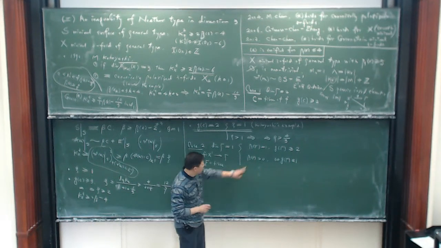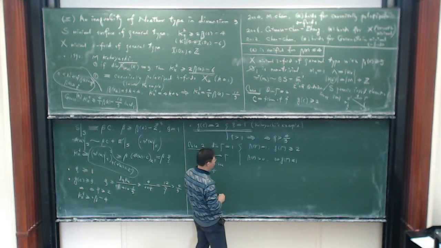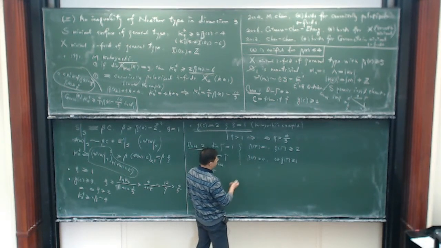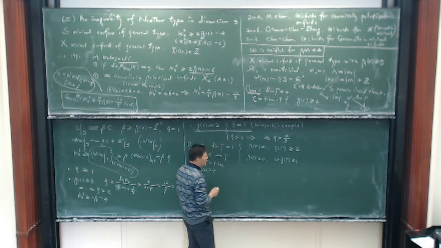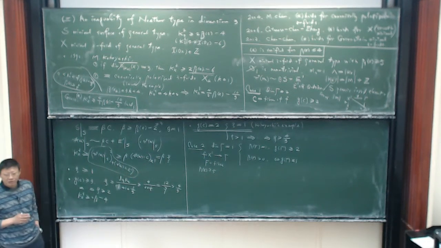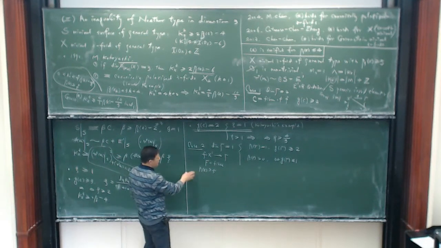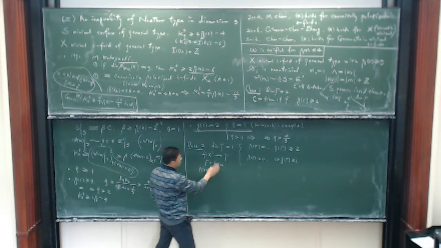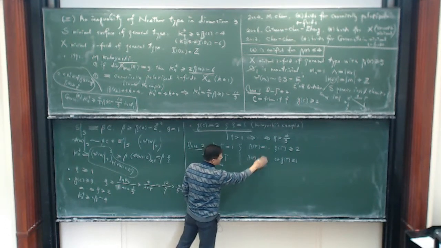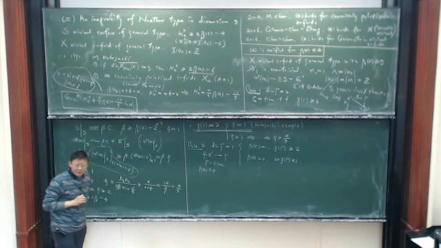pg of the fiber F cannot be 0, because F is a general fiber, so it cannot be in the fixed part of the canonical system. So then it's natural. Since pg of X is positive, the fiber should have positive geometric genus.